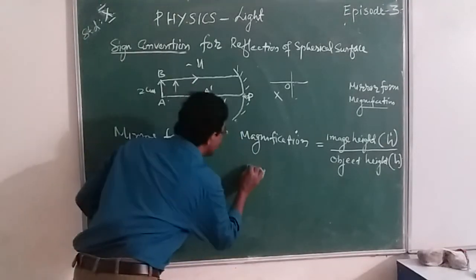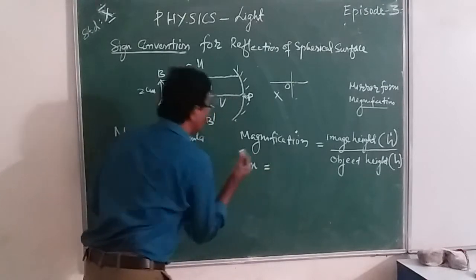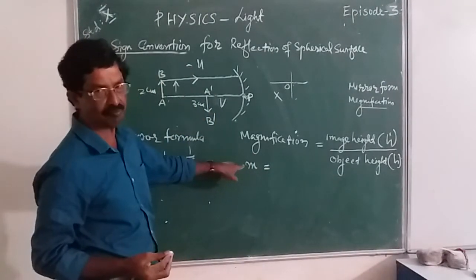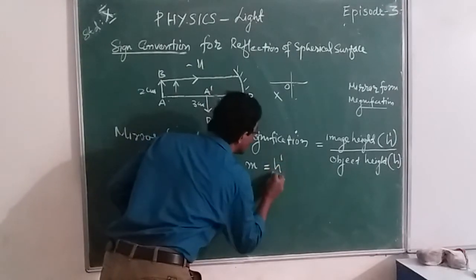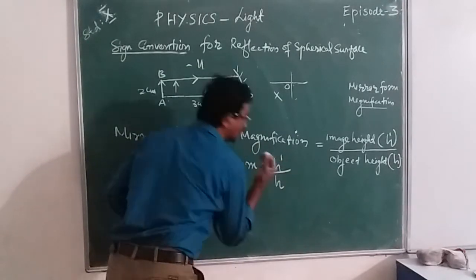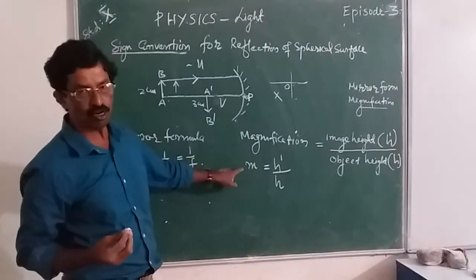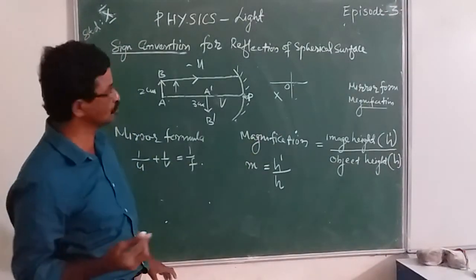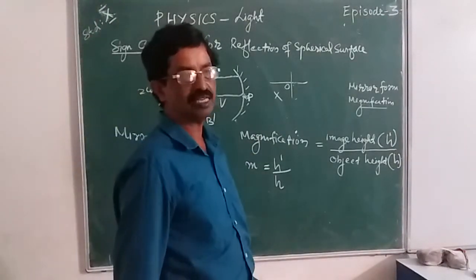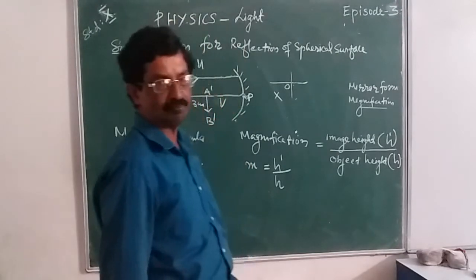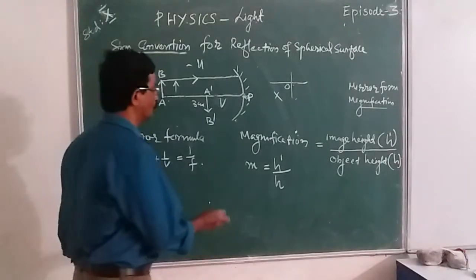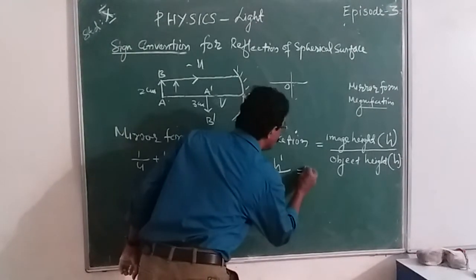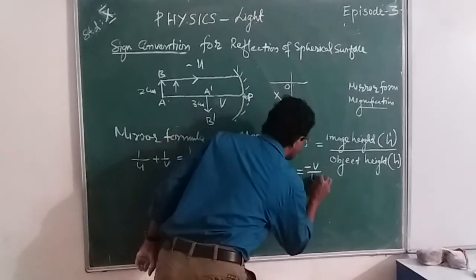So magnification M is equal to the height of the image H dash divided by the height of the object H. We can also represent magnification with image distance and object distance, so M is also equal to minus v by u.